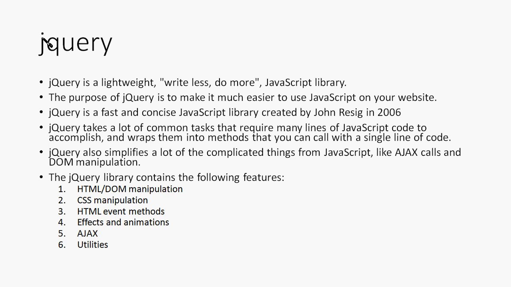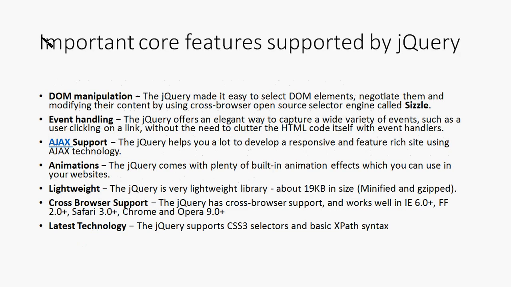The main features of the jQuery library are: we can manipulate DOM elements, CSS can also be manipulated, HTML event methods can be handled, effects and animations can be provided to the HTML page, Ajax will be detailed in the coming slide, and other utilities. These are the important core features supported by jQuery.